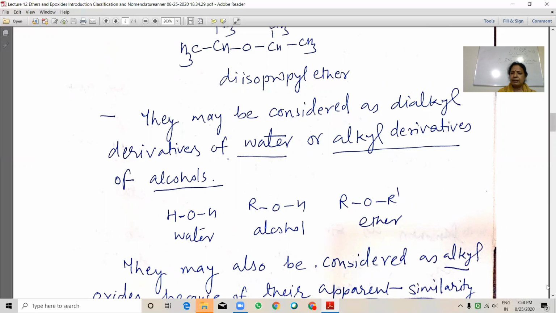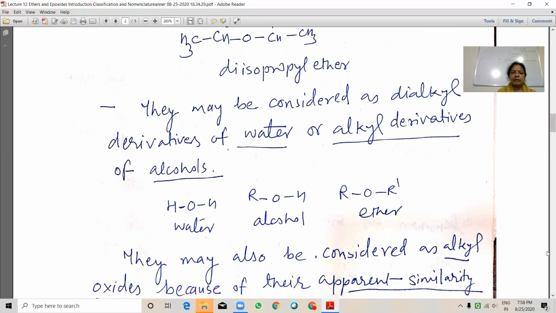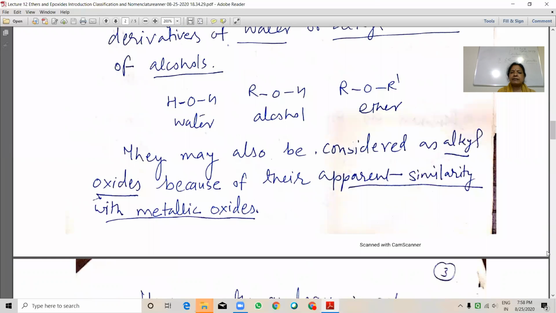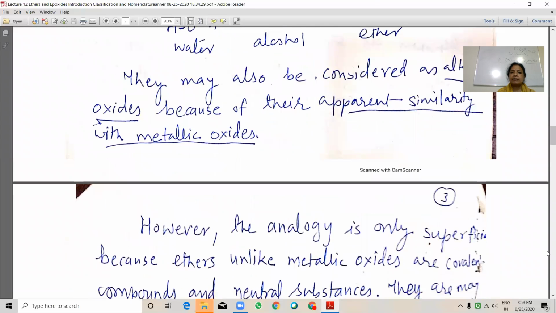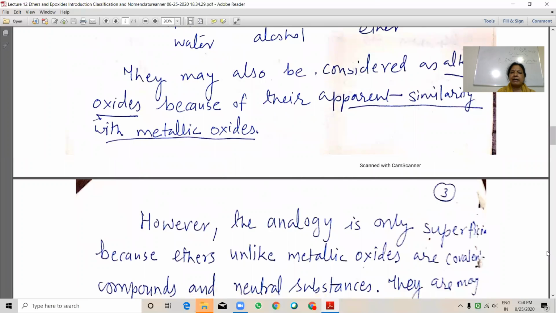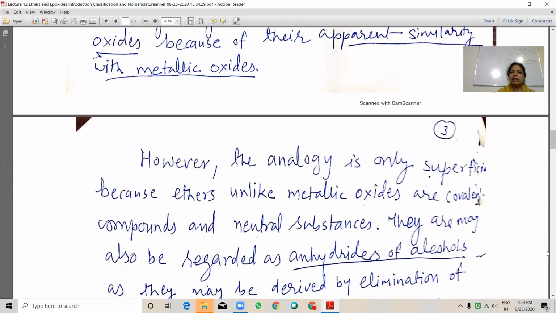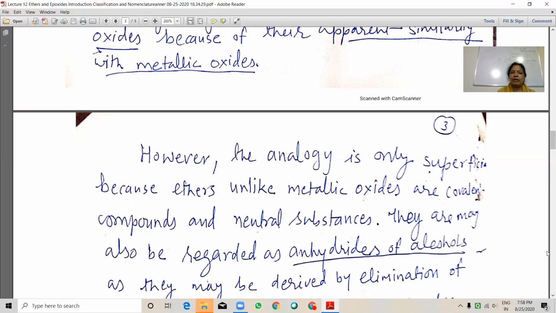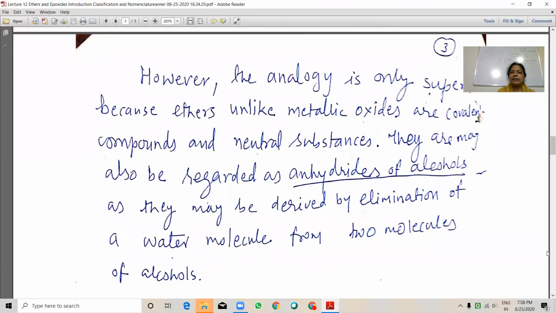They may also be considered as alkyl oxides because of their apparent similarity with metallic oxides. However, the analogy is only superficial because the ethers, unlike metallic oxides, are covalent compounds and neutral substances.